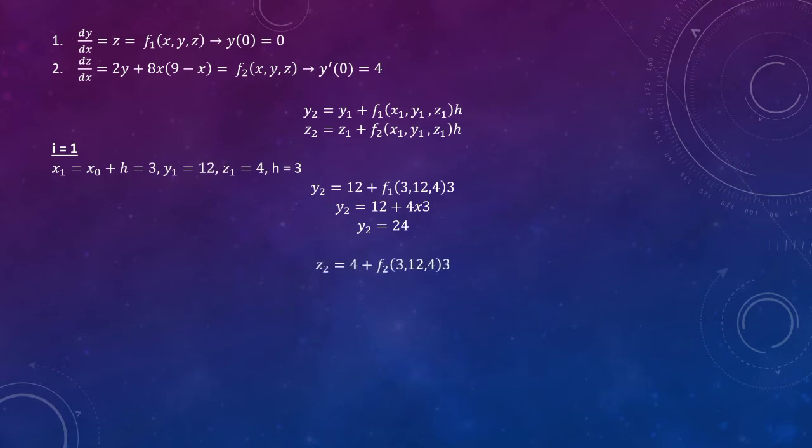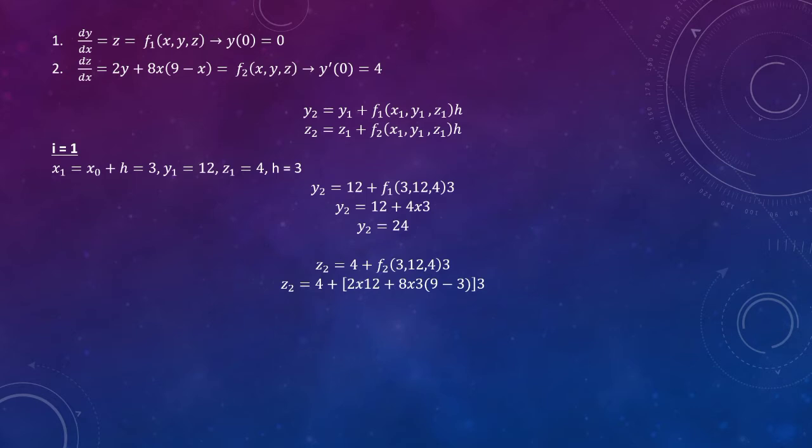After that, we will now solve for c sub 2. So c sub 1 is 4 plus the second function multiplied by 3. Now we all know that the second function is 2y plus 8x multiplied by 9 minus x. So we substitute our values: y sub 1 is 12, c sub 1 is 4, x sub 1 is 3.